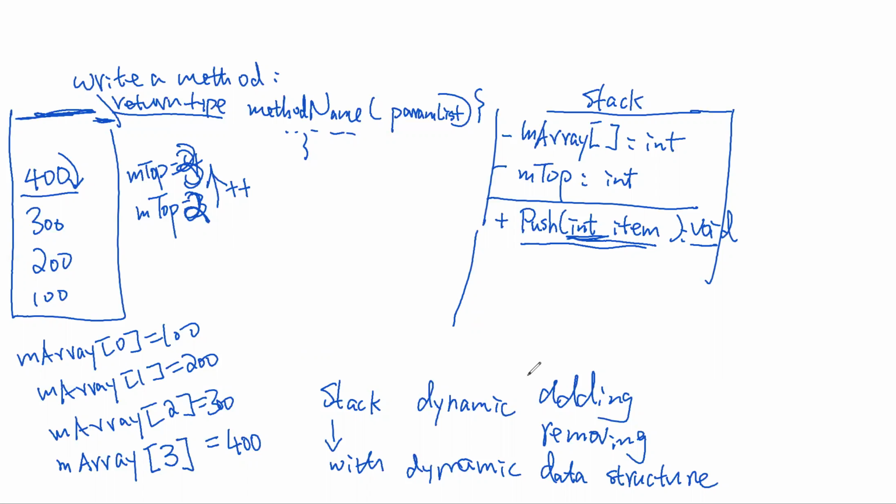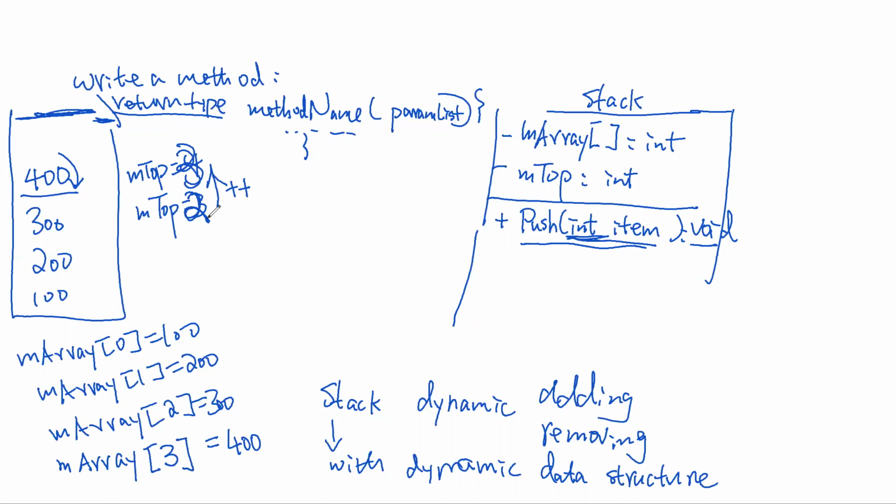It's a void, because you don't expect it to return something. What you want to fulfill is to update the top index and add some item to the expected location. So that's why it's just a void.